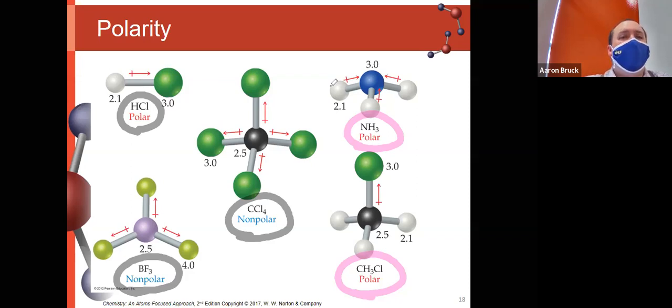Jaron? Okay, yes. The nonpolars do all have poles in all directions. What else do we notice about the bonds themselves, the atoms that make up the bonds?